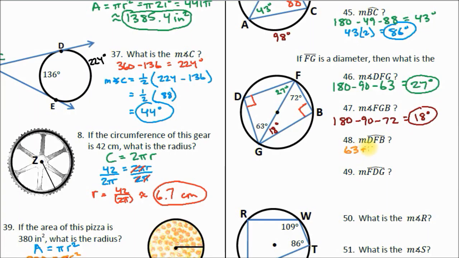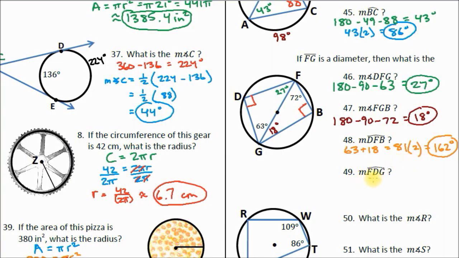So it's going to be 63 plus 18, which is equal to 81 degrees. So this inscribed angle is actually 81 degrees. We have to now multiply that by 2 to get the measure of the intercepted arc, which is 162 degrees.